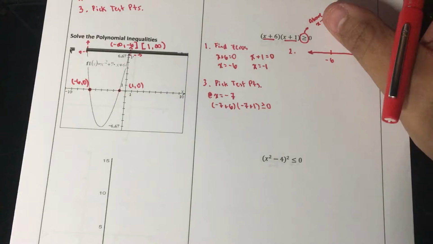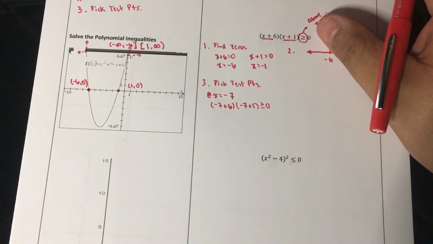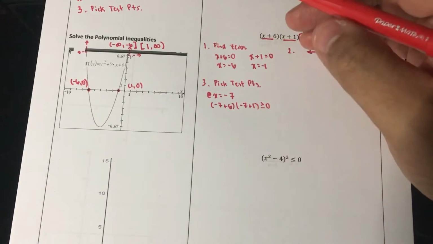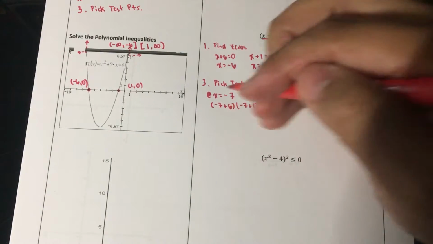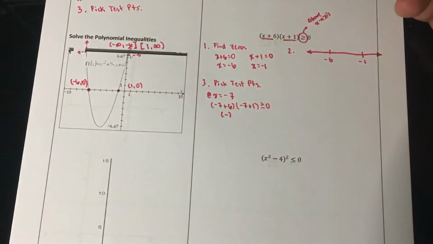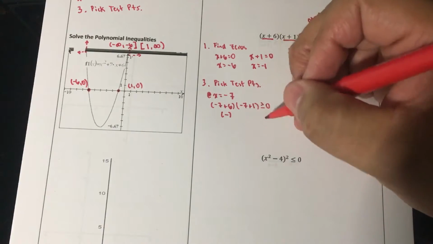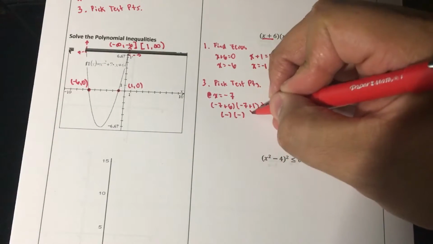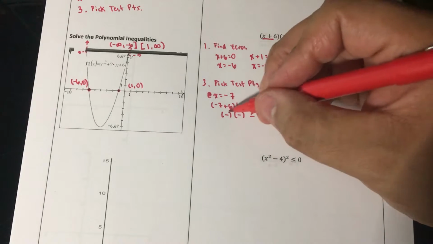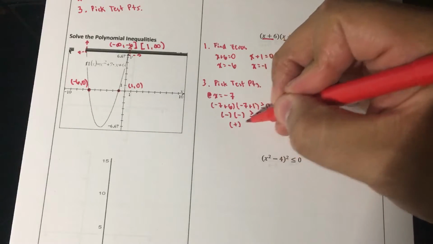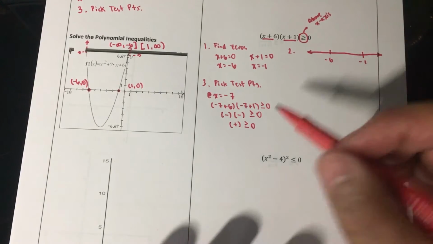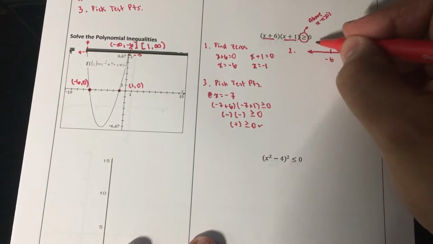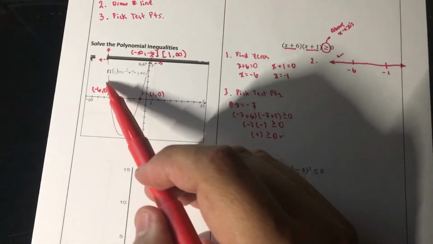Now, I'm not really concerned with what this actual value is. What I really am concerned with is, is this a positive or negative? Negative 7 plus 6 results in a negative number. Negative 7 plus 1 results in a negative number. And when I multiply two negative numbers, that turns it into a positive.